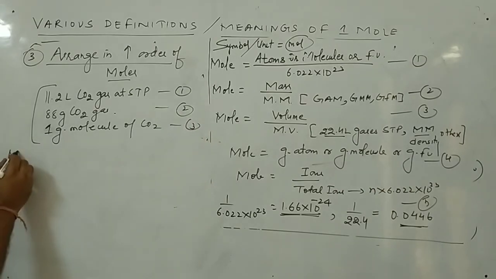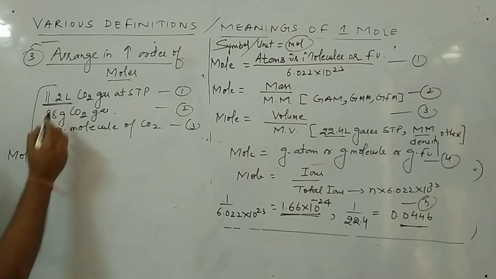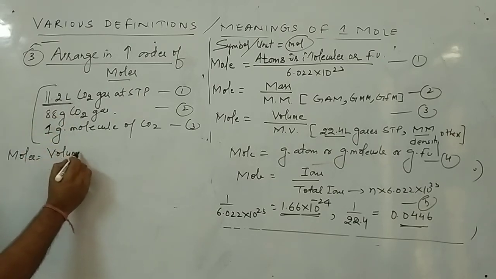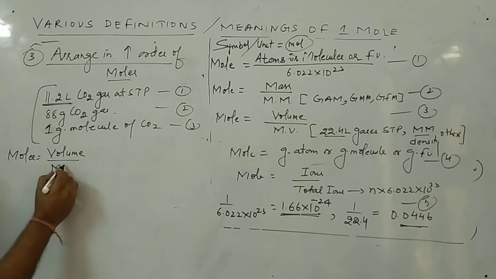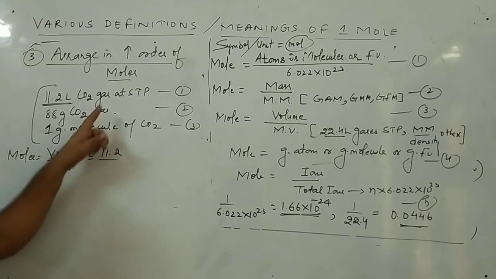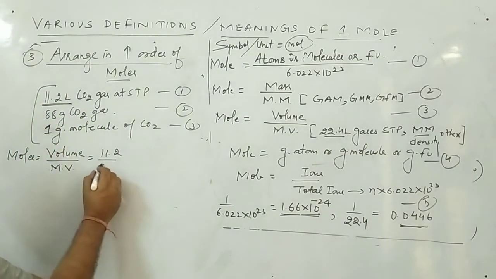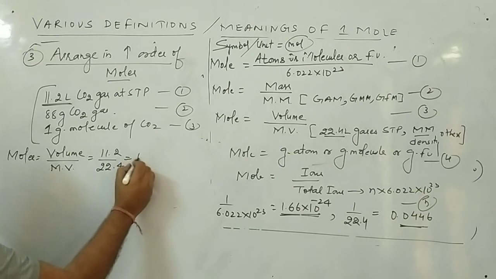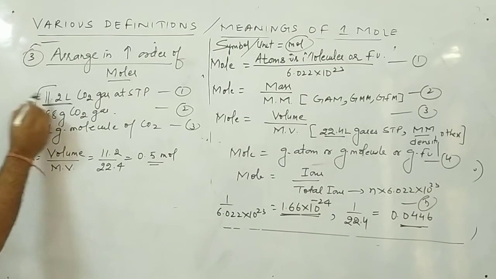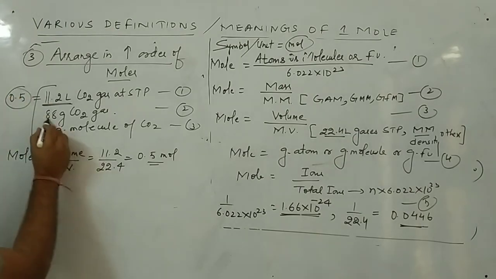First I will calculate the moles. In the first, what is given? Volume. So the formula is volume upon molar volume. Volume is 11.2 liter. You remember molar volume for gas at STP is 22.4 liter. This comes out to be 0.5 mole. Now second is 88 grams CO2.